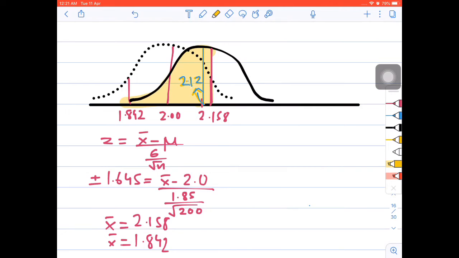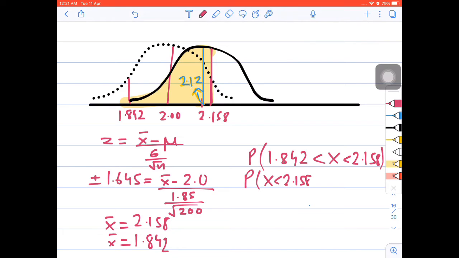So I need to find the probability from 1.842 till 2.158. That is probability of x less than 2.158 minus probability of x less than 1.842.